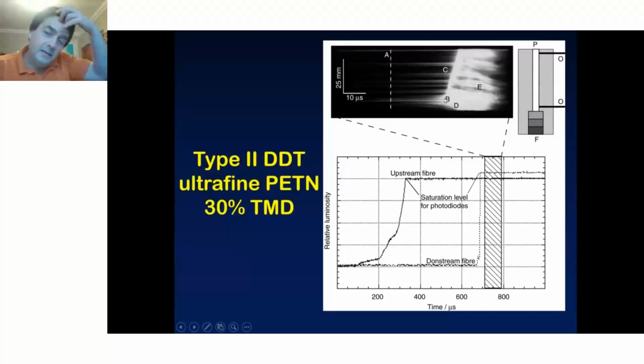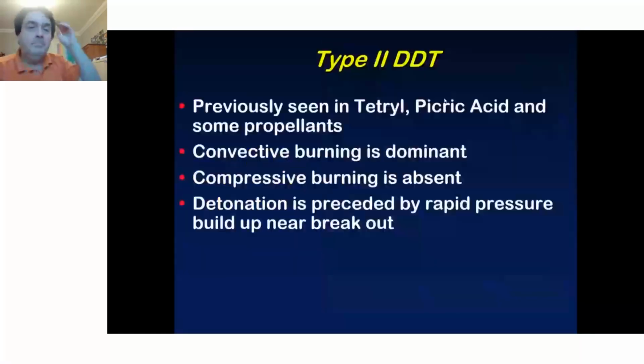So this indicates that there has been no plug formation in the system because the material is too weak to support plug formation. And also everything is burning, so it's quite hot, and that shows the increased reaction and hence the increased detonation velocity in the system. Now, in Russia, type 2 DDT had previously been seen in tetryl, picric acid and some propellants.